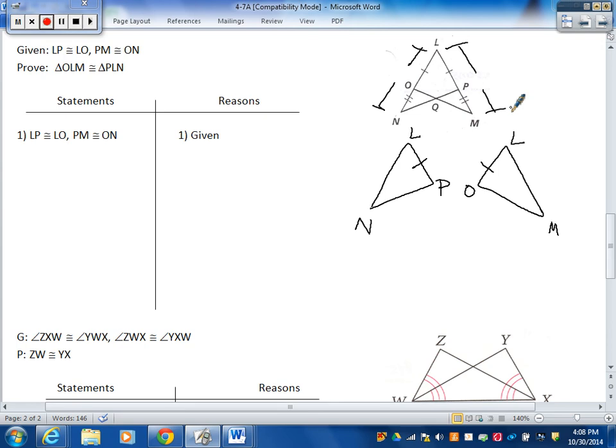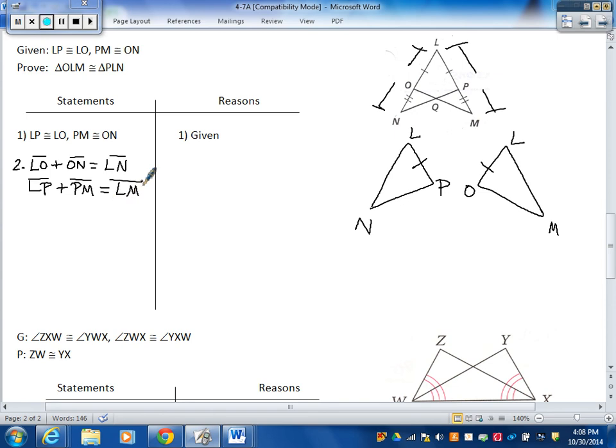And how you show that is by doing this. You know from our first chapter that if I take LO and add in ON, that will equal the entire segment of LN. Okay? And you also know that if I take LP and add in PM, that is going to equal the entire segment of LM.